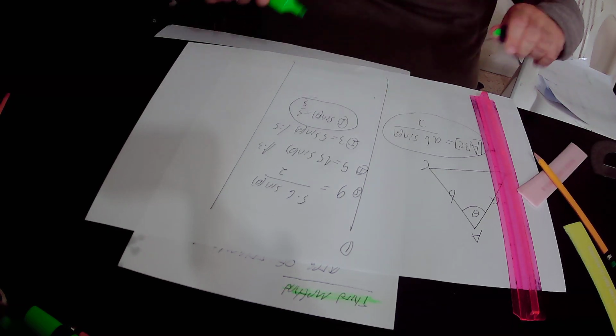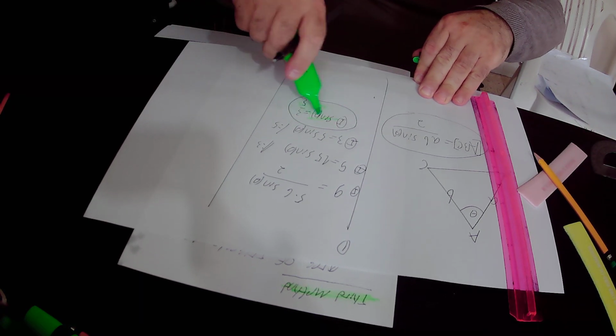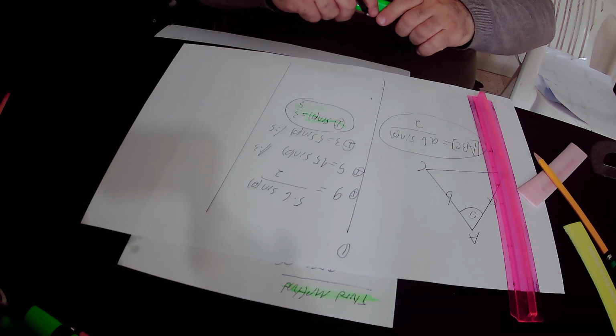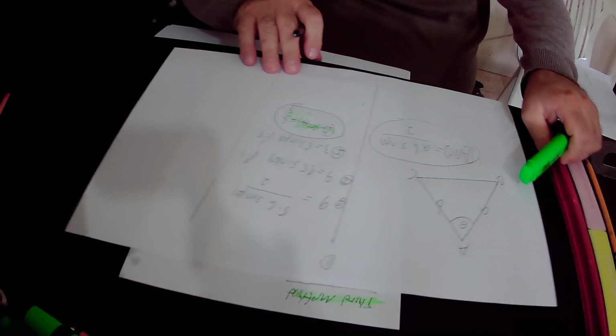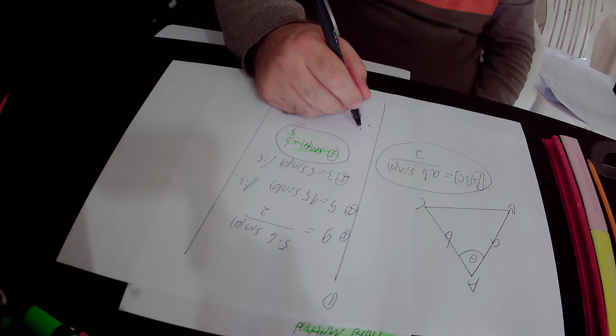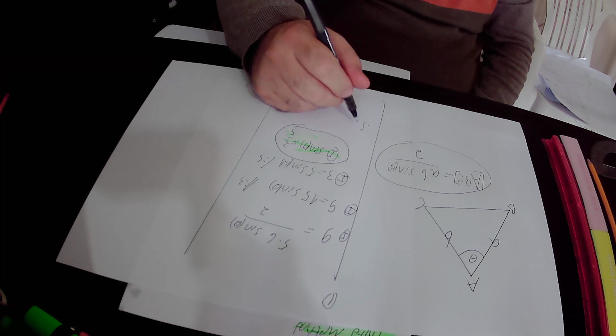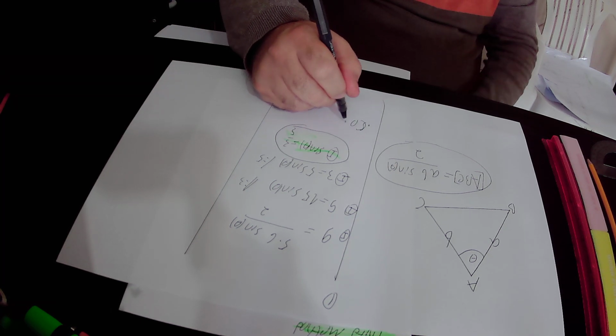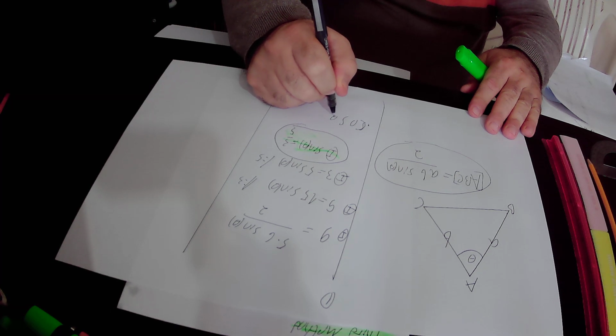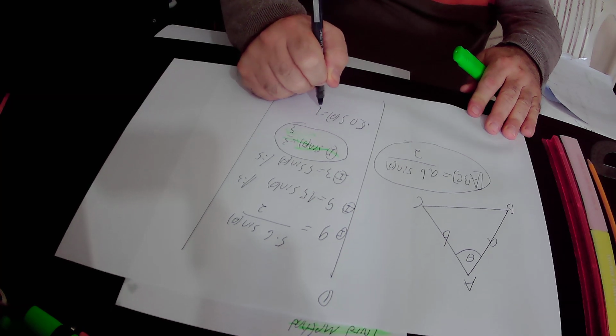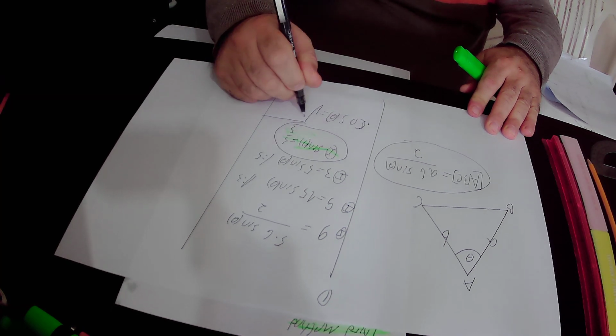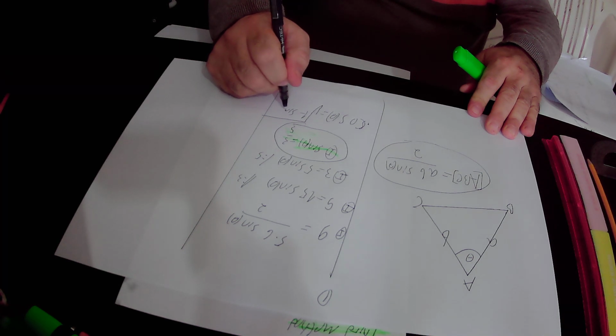Actually, we have the trigonometric identity that states that cosine theta equals the square root of 1 minus sine squared theta.